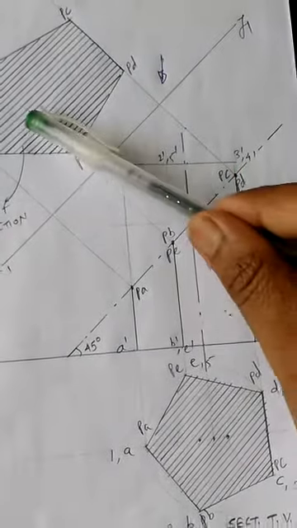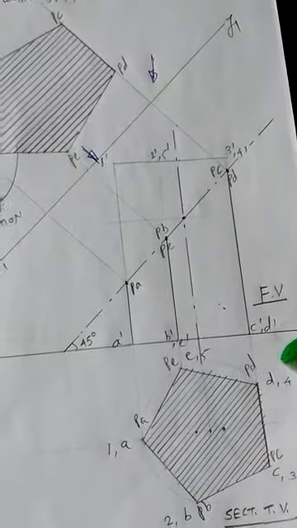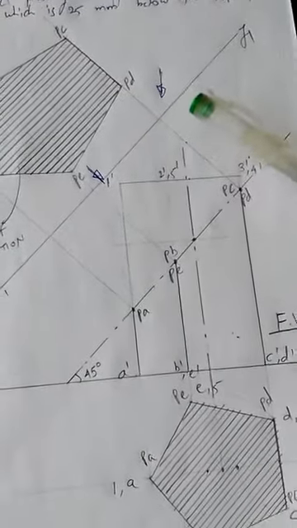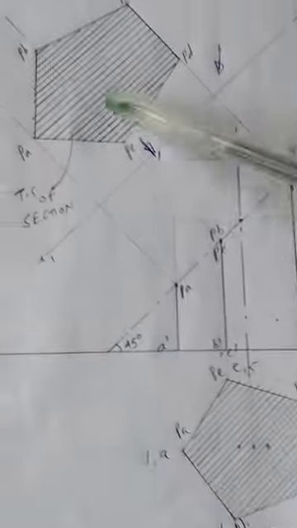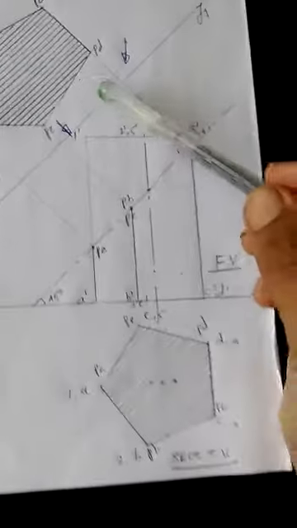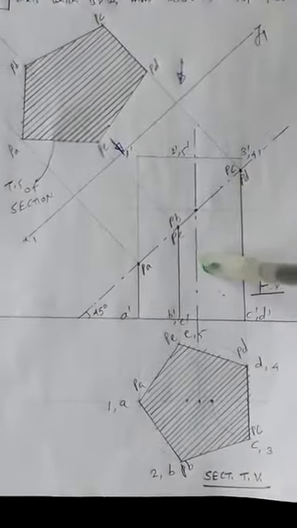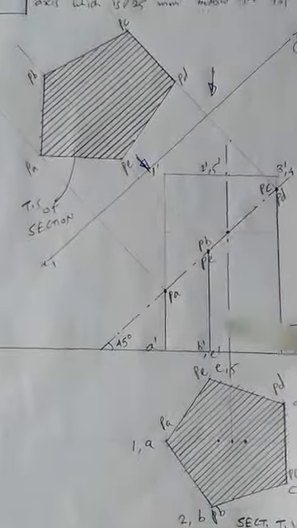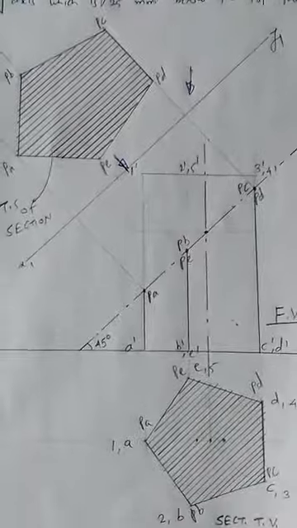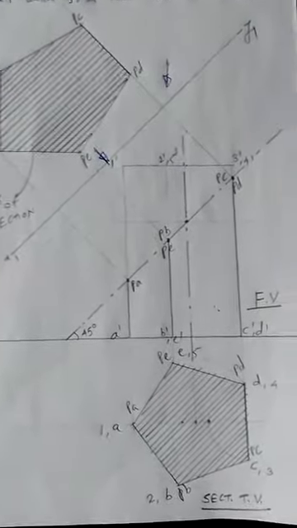You can take right-handed 45 degrees in this way, and accordingly the cutting plane will be on this auxiliary reference line on this side, and the true shape will be on this side. Now in this way also you can solve. So we have got its front view, its sectional top view, which is apparent, and its true shape of the section. All these three solutions are expected from this narration. So in this way we have finished this task.